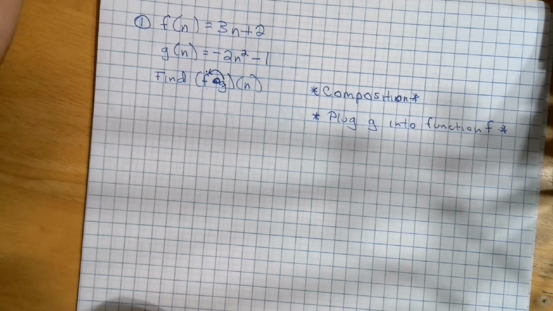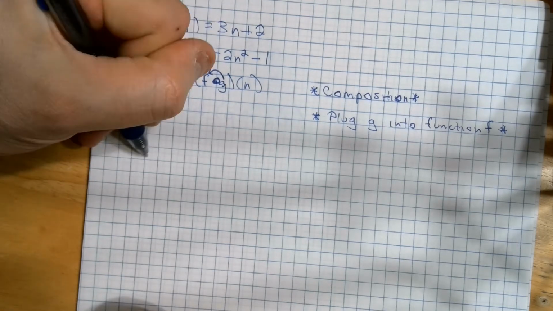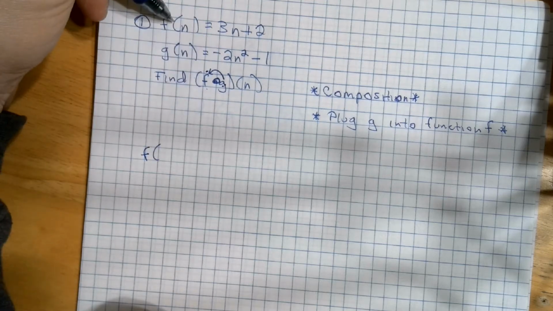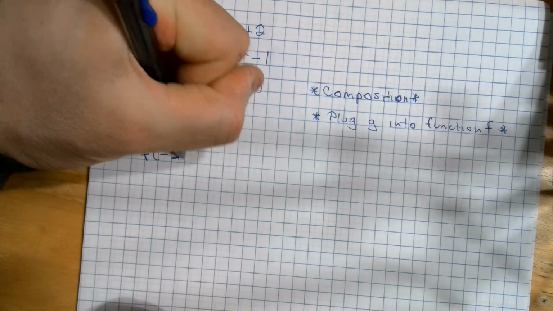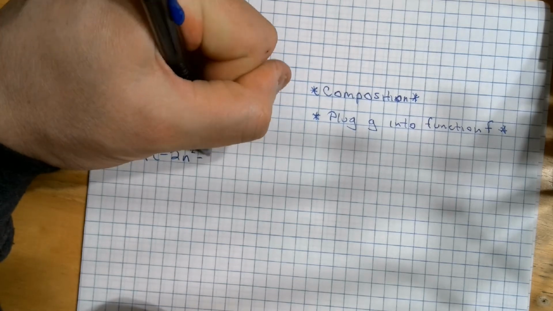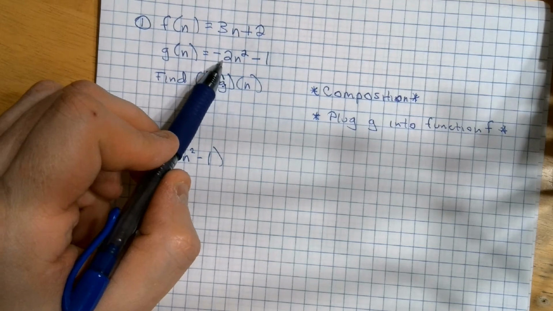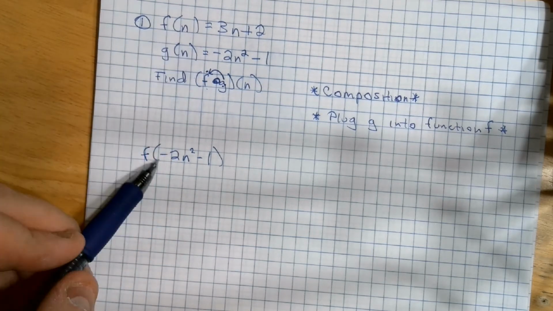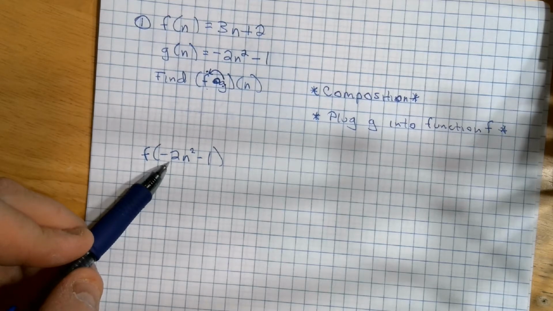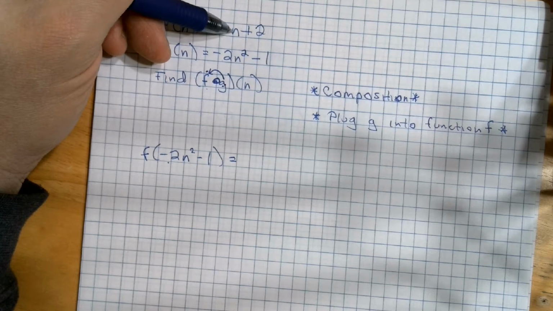Now, what does that look like in a formal notation? Well, instead of writing down f of n, I'm going to write f of negative 2n squared minus 1. And so you can see I'm substituting in negative 2n squared minus 1 wherever I have an n. That's just our notation side, if you remember. But more importantly, I get to substitute negative 2n squared minus 1 in right here.